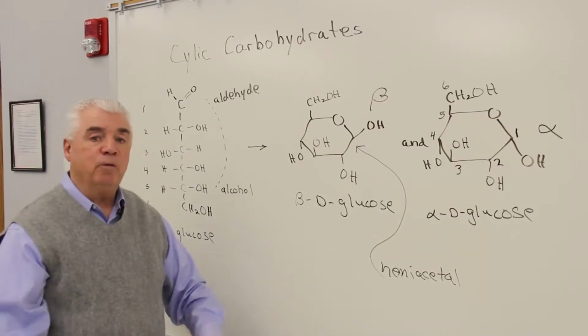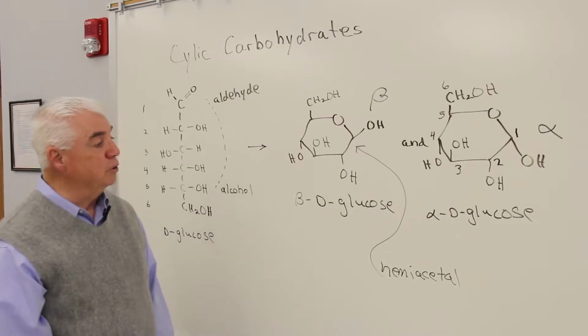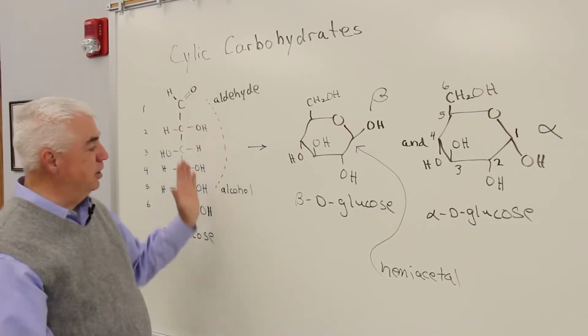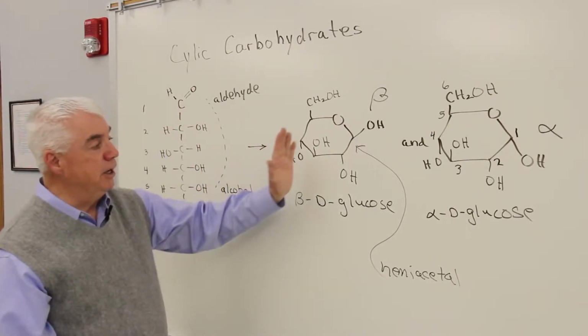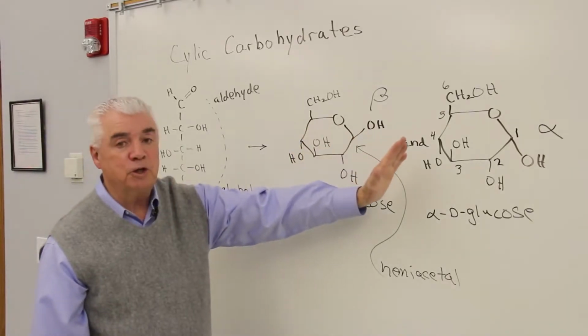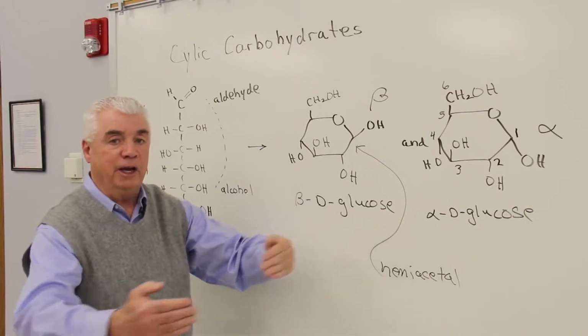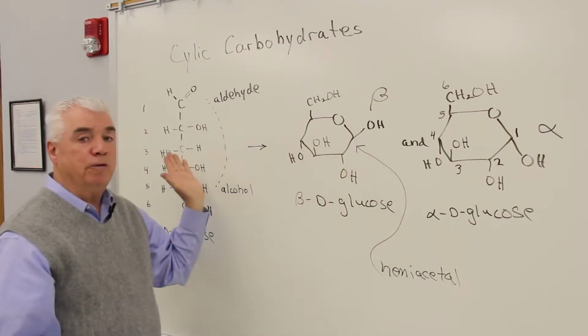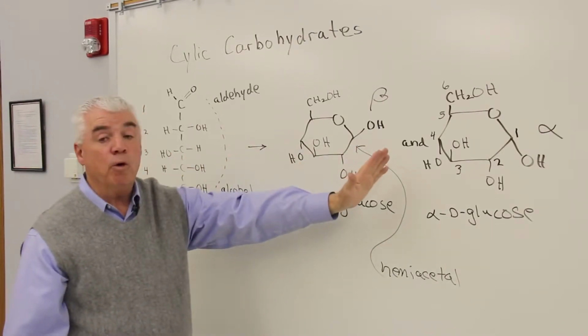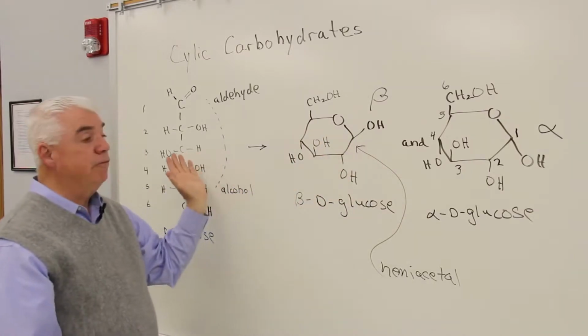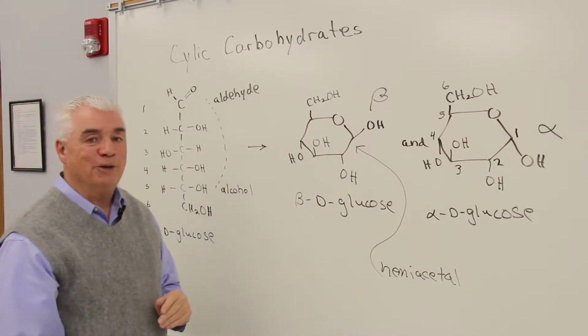So actually, if we were to look at a solution of glucose, what we'd find is that the open chain form is in equilibrium with these 2 cyclic forms, and the cyclic forms are opening and closing. So we really have a mixture of all 3. The ring forms predominate, but we'd have a little bit of this open chain form too.